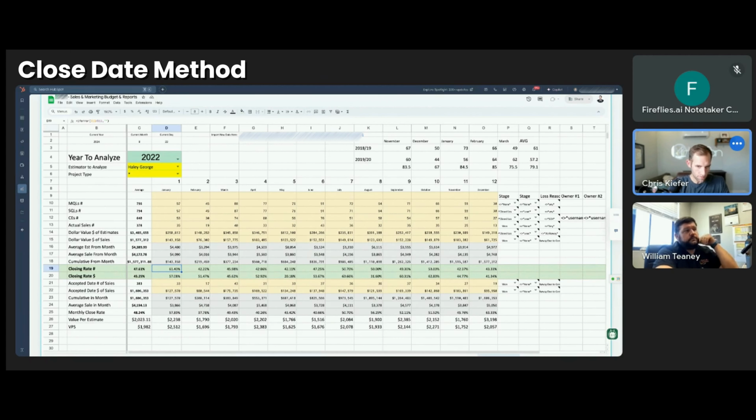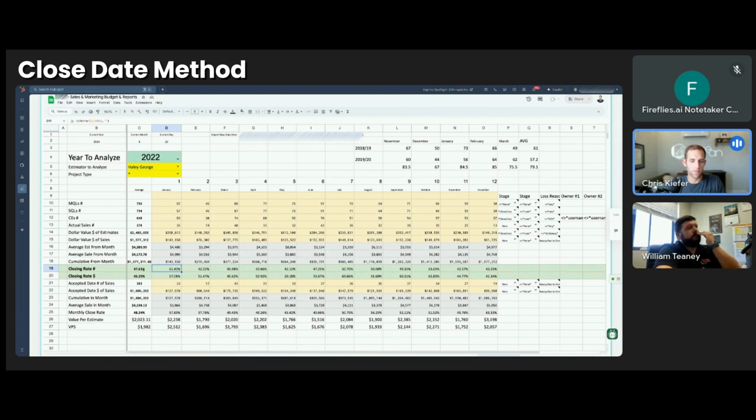Because this way, this close rate with close date in the numerator, estimate date in the denominator, like you said, I might only give you 10 estimates this month, but theoretically you could close 12 because you actually started following up with people and you won deals from a previous month in addition to winning those deals. That is a reality that could happen. It's rare, but you could have a huge swing in close rate because you actually started following up.